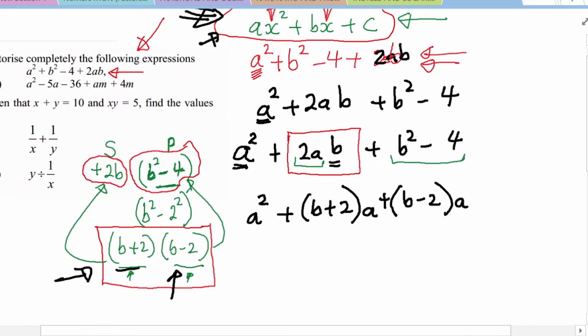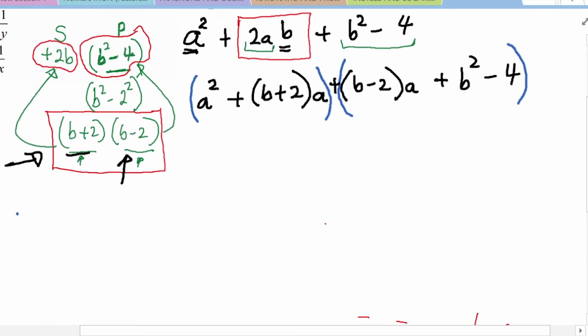Then from there, plus the value of c, which in this case is going to become plus b squared minus 4. All right, so now we are going to factorize here. So we put that and that in the brackets, then we put these other two also in the brackets.